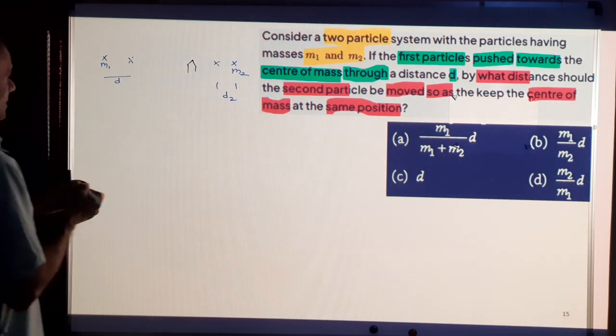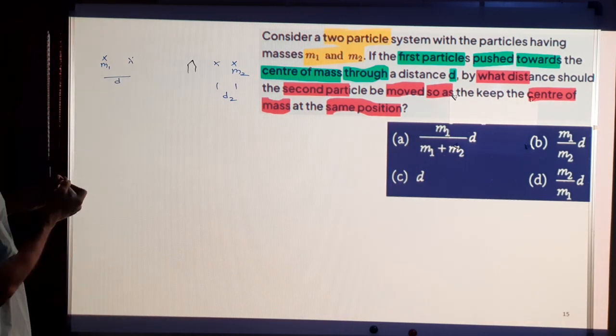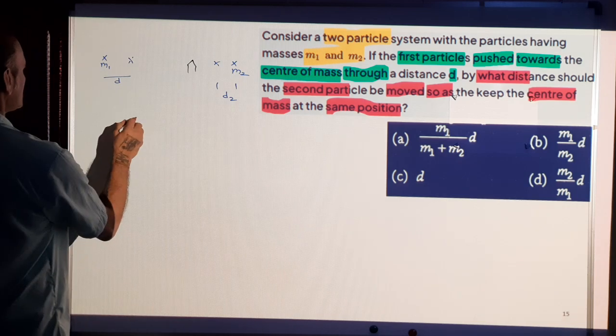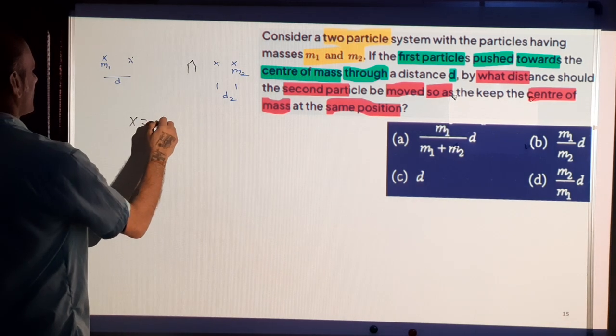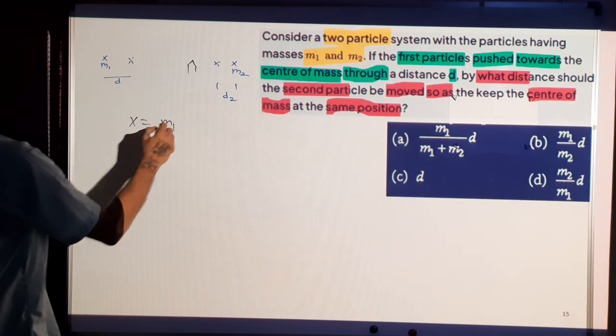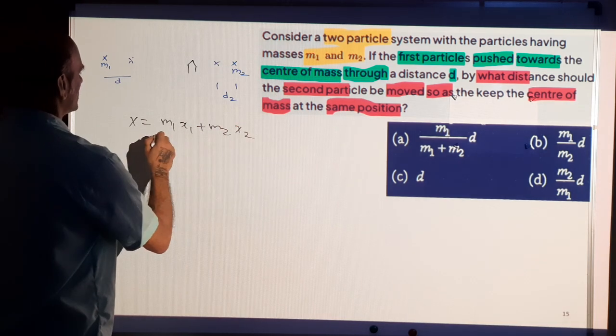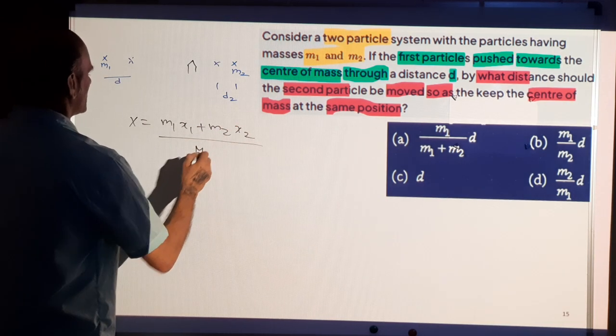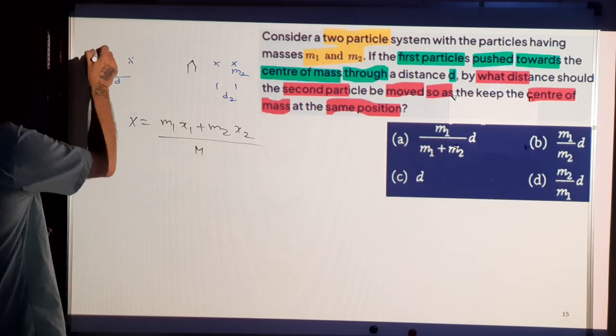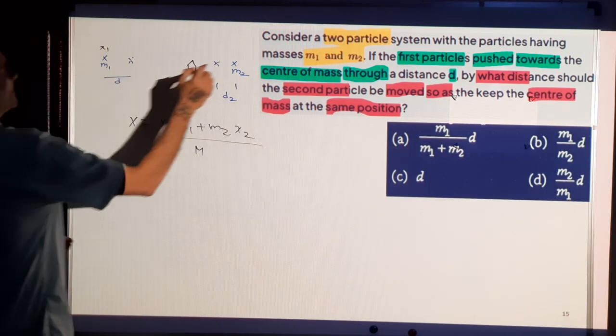In the first case, the center of mass is given as m1 x1 plus m2 x2 by the total mass m1 plus m2, where x1 and x2 are the initial coordinates. This is x1, this is x2.